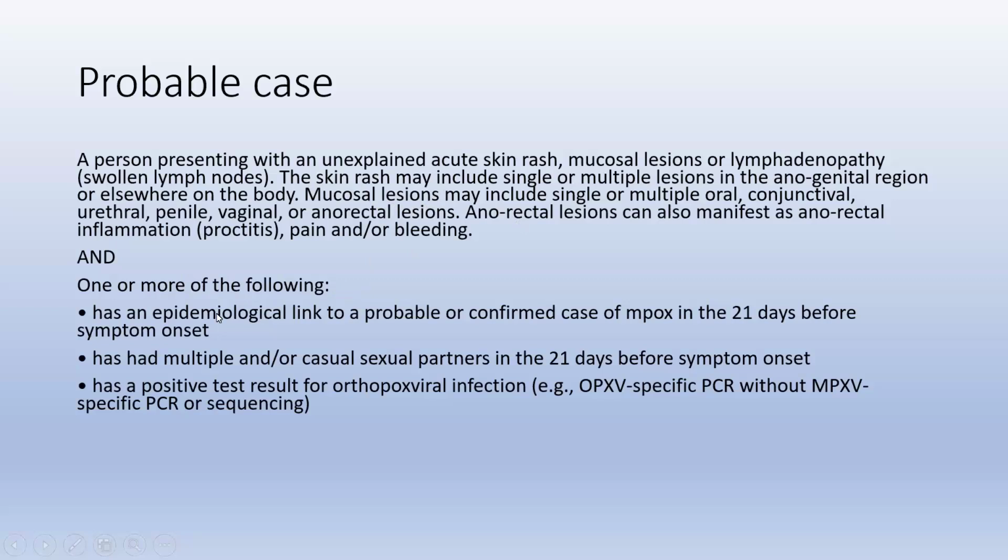And one of the following: has an epidemiological link, not just a contact, but an epidemiological link, to a probable or confirmed case of Mpox in the last 21 days before the onset of symptoms; has had multiple or casual sexual partners in the last 21 days before onset of symptoms; or has a positive test for an orthopox virus infection. This is a test that detects orthopox, but it's not specific for Mpox.